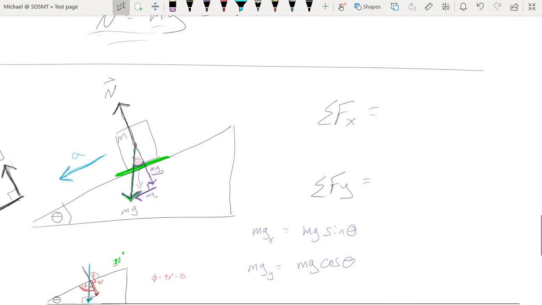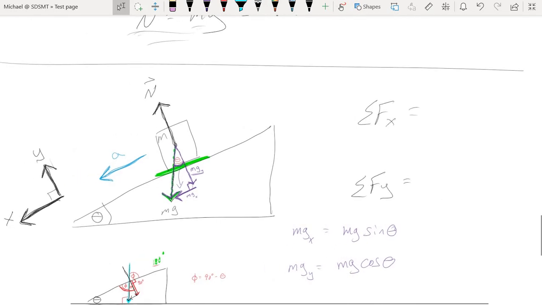Now, everything is about to come together very quickly. I now have all of the vectors, either the vectors or the components of the vectors. Keep in mind, your normal force is a vector, your components of your weight are vectors, even your acceleration is a vector.